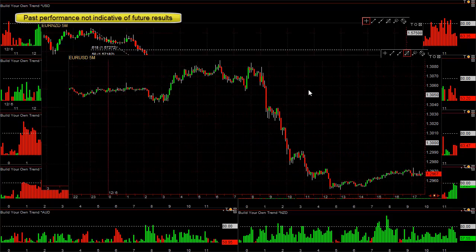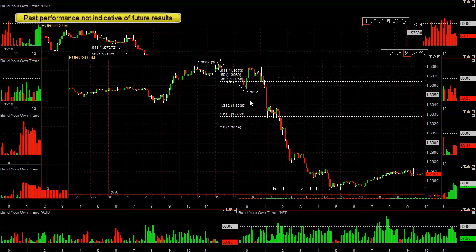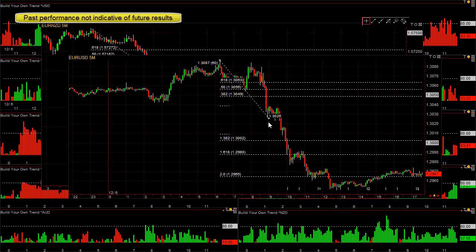So when you hit Control F to bring the fib tool on here, and you draw it on the chart from the high to the low here, you'll see there's a new area, which is I think 23.6. Let me check. Yes, that's correct. It's 23.6% level.